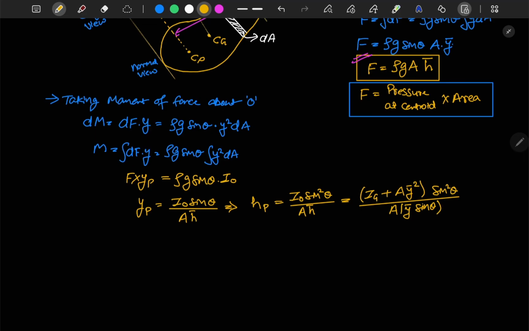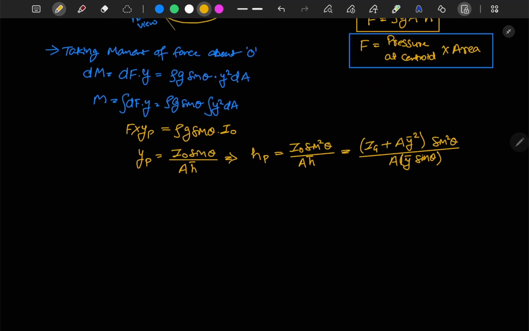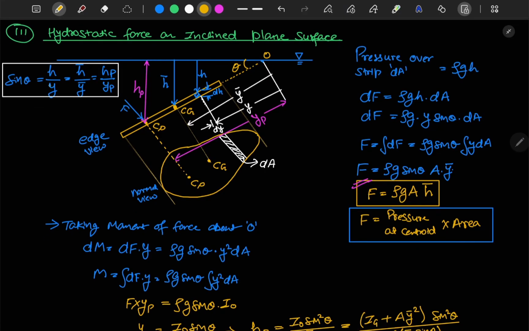So if we solve this, we will obtain hp is equal to Ig upon A h bar, plus y bar times sine theta, and y bar sine theta is equal to h bar.